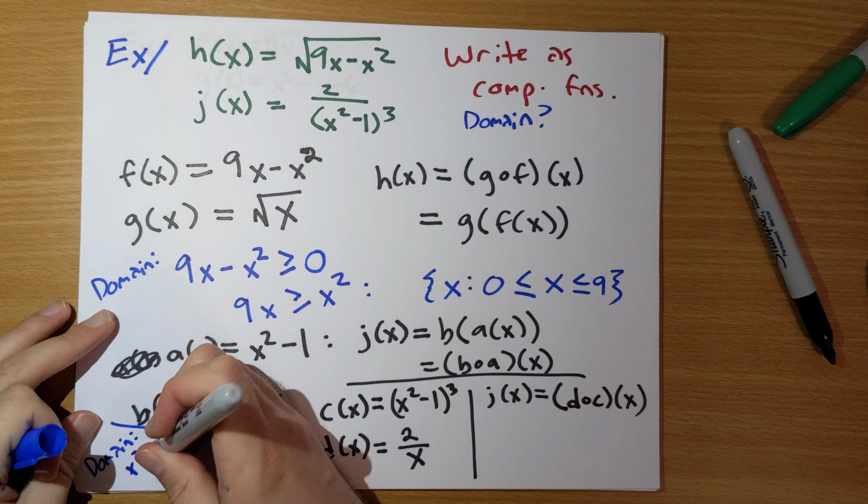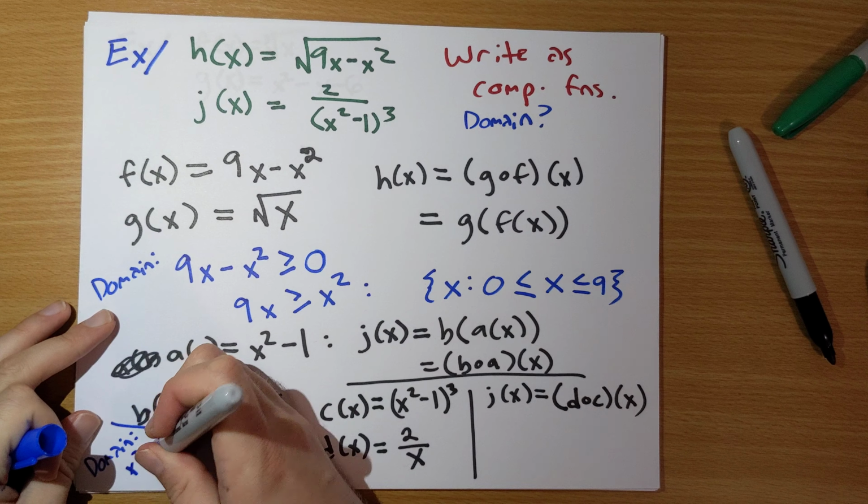So all x such that x is not equal to plus or minus 1. Okay, I hopefully that example was instructive, going from writing it out this way to saying, can you write it as a composite of two functions?